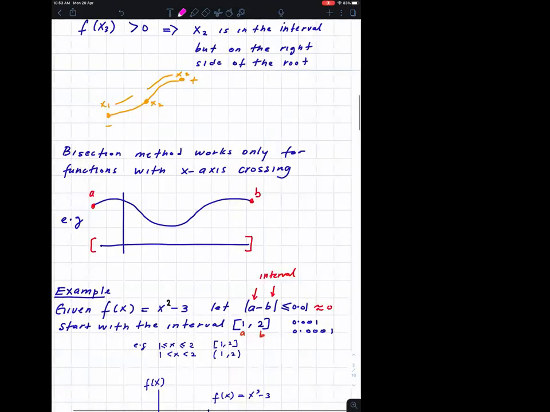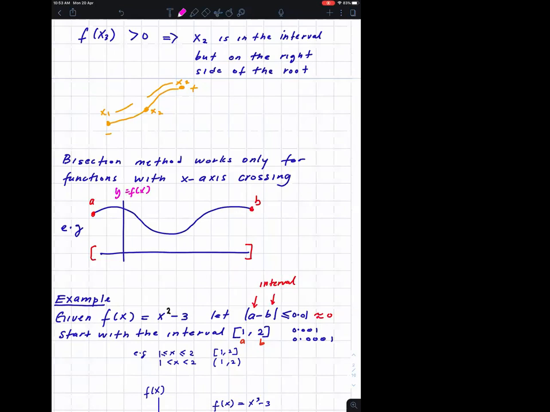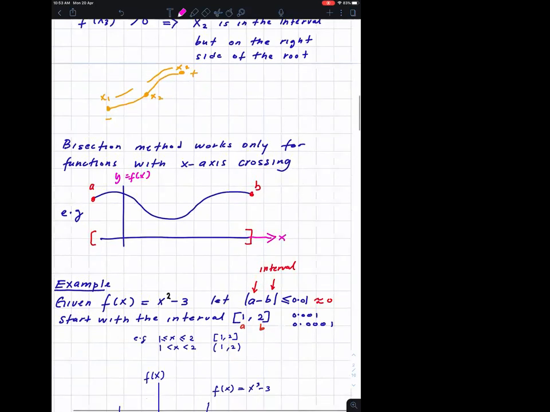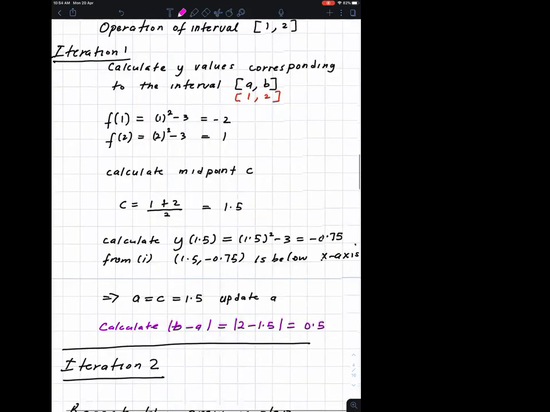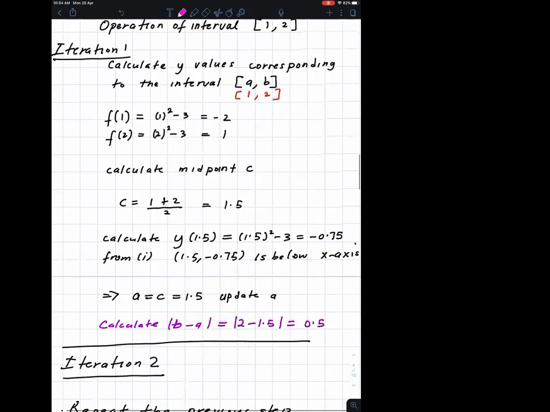This is y, also the same as fx. Because in iteration one, we wrote it as y only, sir. Yeah, supposed to be fx.